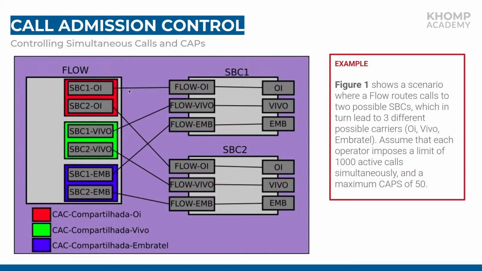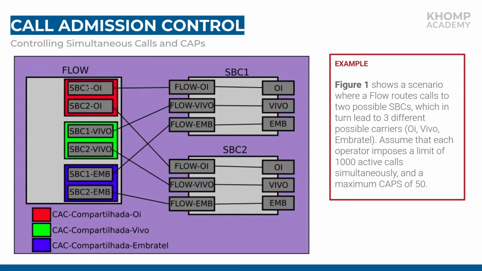For example, Oi is a common carrier here in Brazil. It's going to limit, for example, to 1,000 simultaneous active calls and a maximum of 50 CAPS.